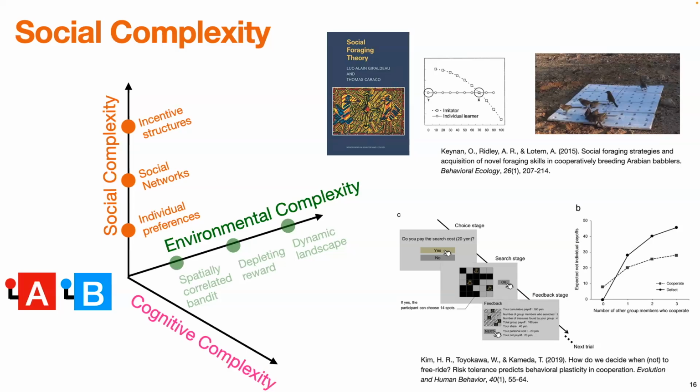But of course, there are a bunch of studies done in humans as well. That's also my work with Kameda Sensei and Kim Herring, where we study how humans react to this social foraging situation, and what kind of division of labor emerges through these social incentive dynamics.